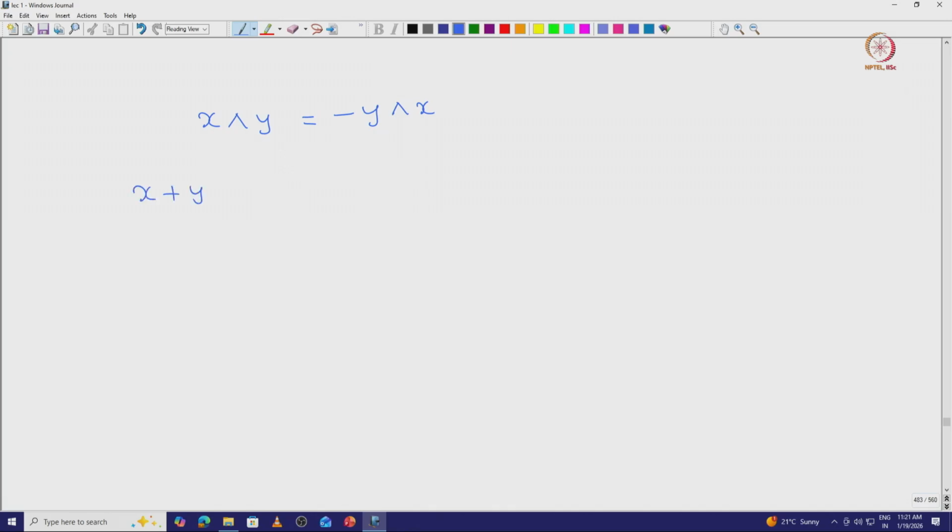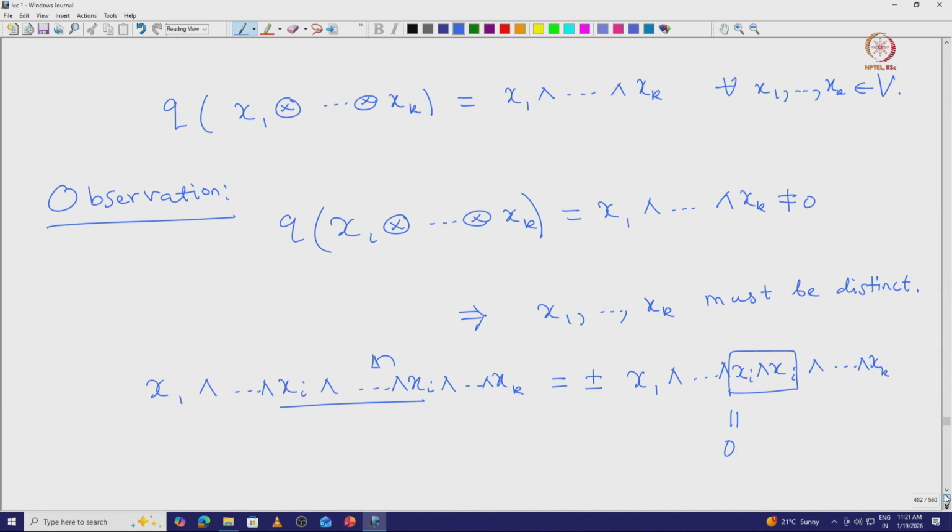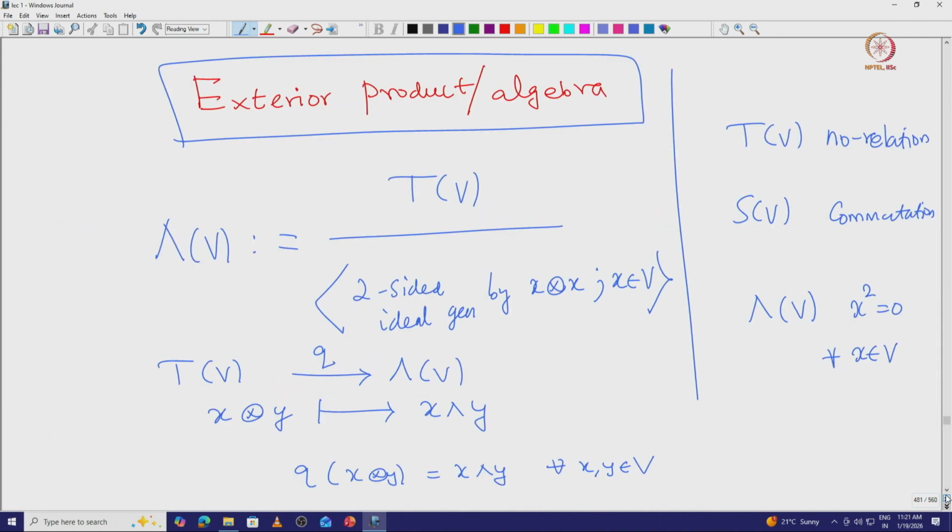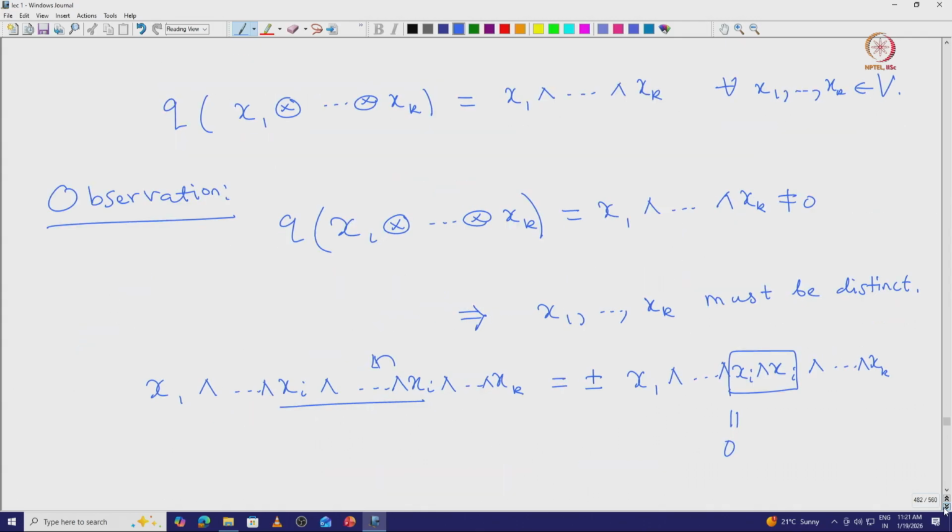Look at x plus y wedge x plus y. Since this wedge product is bilinear, because we are going modulo this two-sided ideal, what we got is an algebra. So this is indeed a C-algebra, and the product must be bilinear.